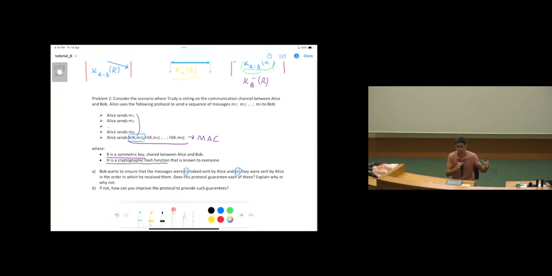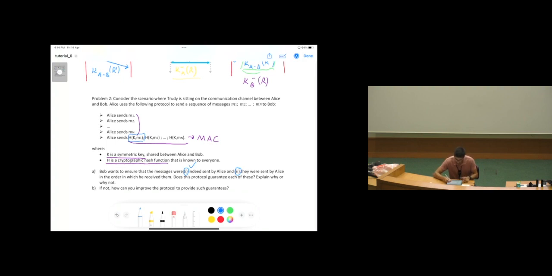You can only go one way, from the message and the key to the digest, right? This is a property of the hash function. It's pre-image resistant. So it provides this first property: all these messages are indeed sent by Alice.